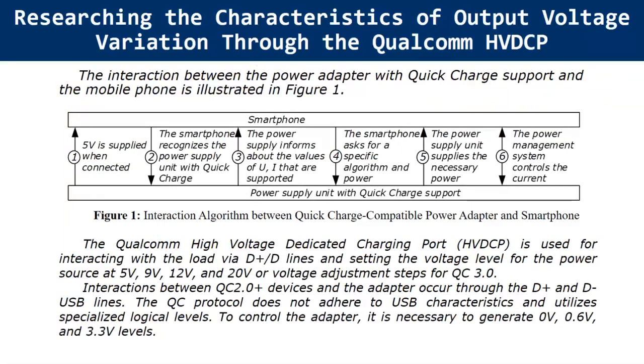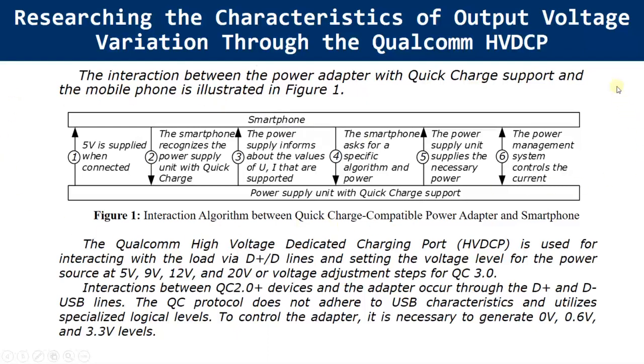Researching the characteristics of output voltage variation through the Qualcomm HVDCP. The interaction between the power adapter with quick charge support and the mobile phone is illustrated in Figure 1.